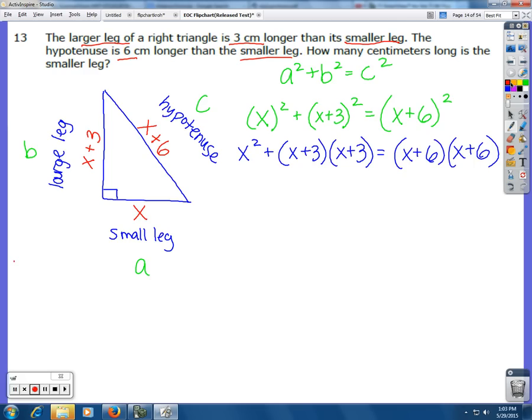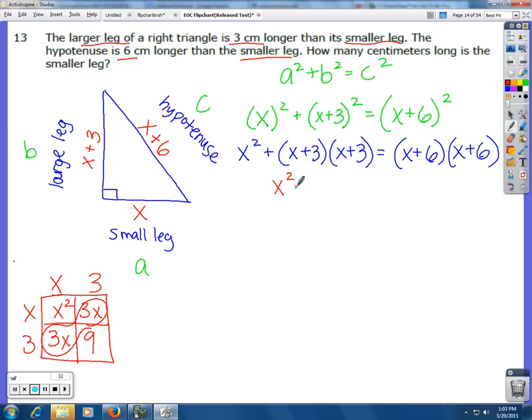So for X plus 3 times X plus 3, I'm just going to do that in the corner over here. When I combine all of that together, I'm going to get X squared plus 6X plus 9. And don't forget, I do have my X squared over here. I need to bring that down.